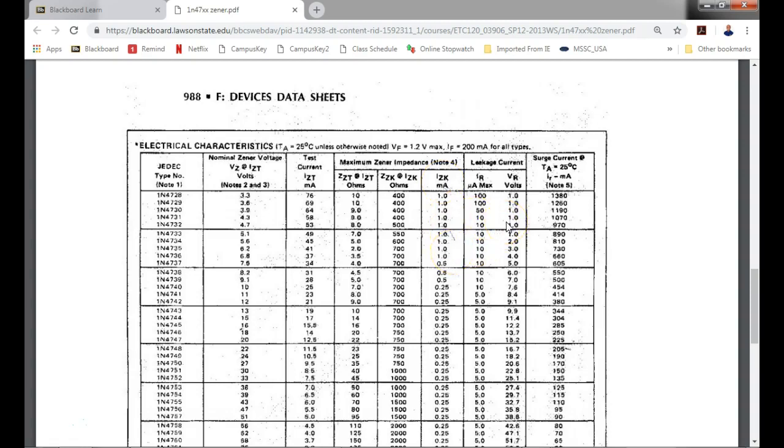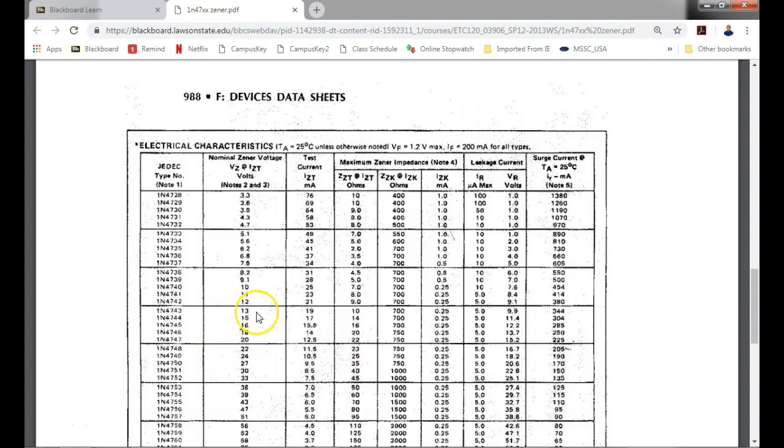We're not concerned with the leakage current. And surge current we can handle up to this. So the two main things we're going to look at are what? VZ, and we're going to look at IZK. And then we're going to calculate IZ max. That makes sense?